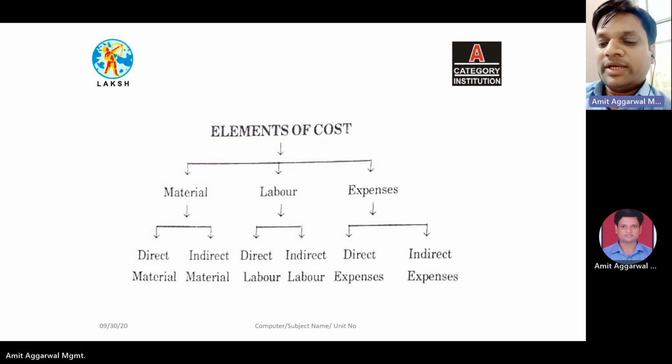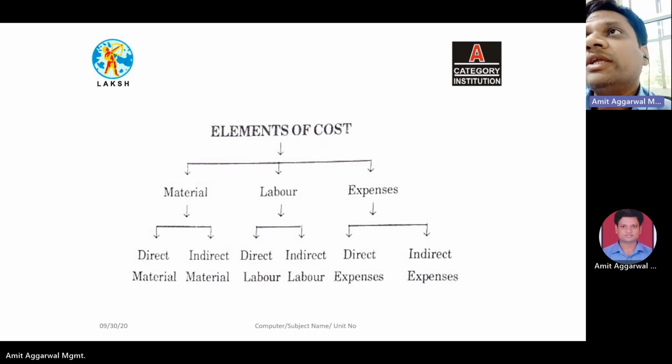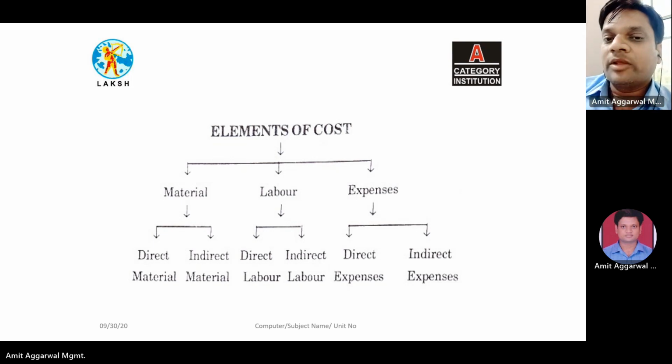So guys, how can we know about the elements of cost? These three elements make up the total cost of any product, right? Further, if you explore these three elements, you will find they can be subdivided into different parts. Material cost can be categorized into direct material and indirect material.